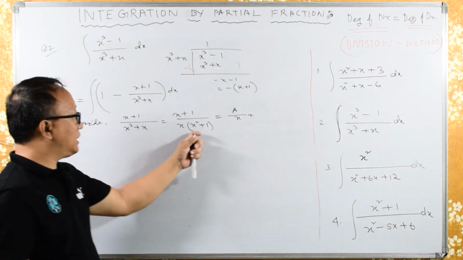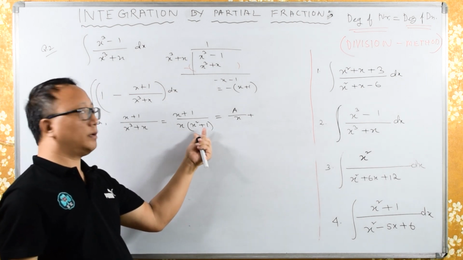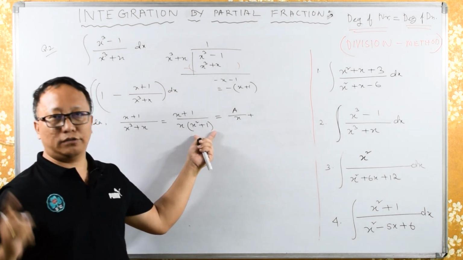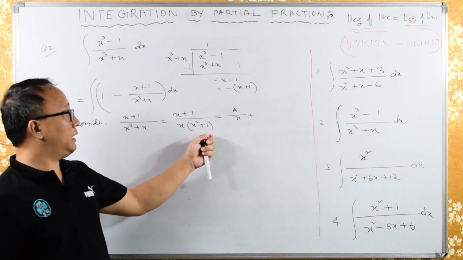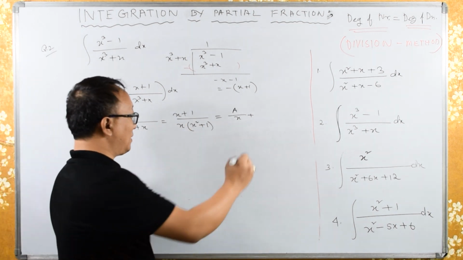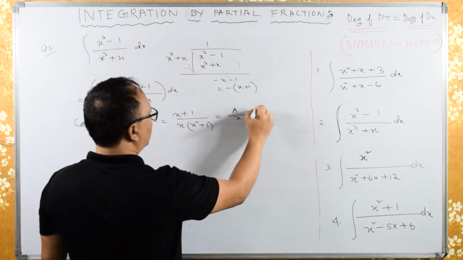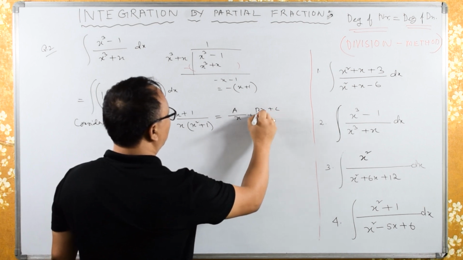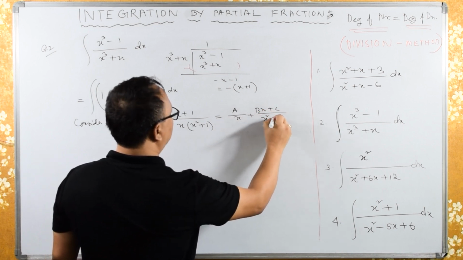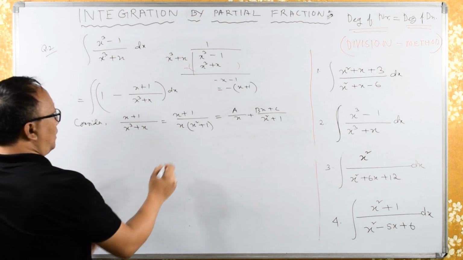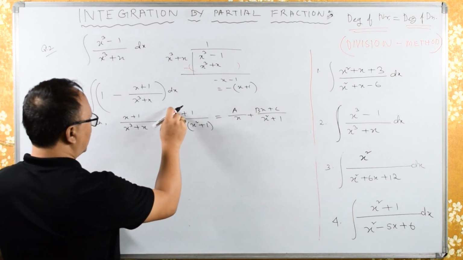If it is x square minus 1, then I can say a square minus b square, we have (a minus b) into (a plus b). Since plus is there, we have to choose two constants. A is already chosen, (Bx plus C) upon x square plus 1.